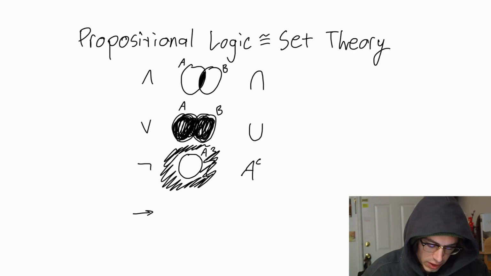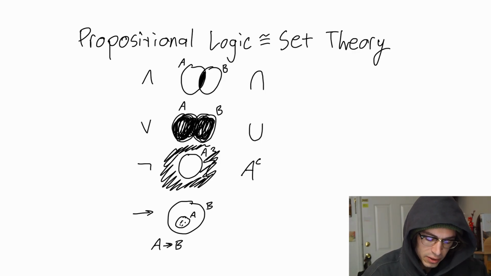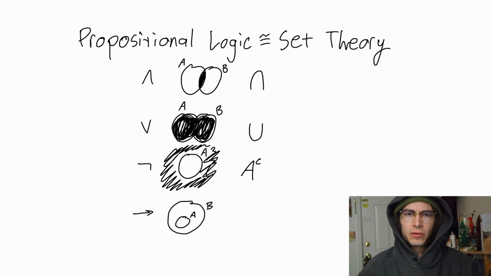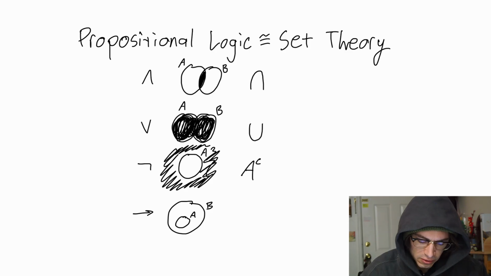Okay, and our implication arrow, which we represented like a circle inside a circle. So this would be A implies B, because if we have A, then we certainly have B. Well, what does this look like? We have a circle completely contained inside of another circle. In set theory, this is called the subset.